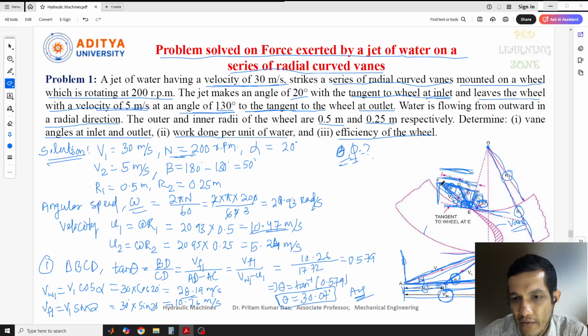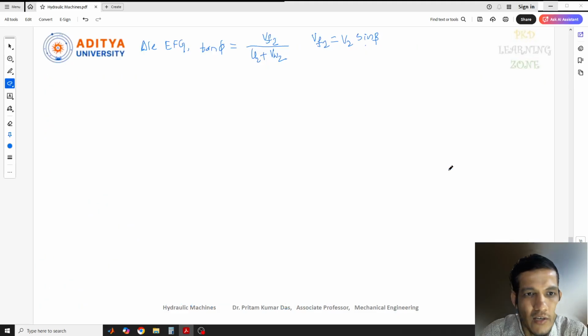So what is the perpendicular, then I need to consider this is EF, like EFH. So EFG I told you, here you can do EFH. Okay, now it is clear. So you can write this is V2 sine beta. If it is G, I have to consider differently, because that is not a right angle triangle. I need to find a different one.